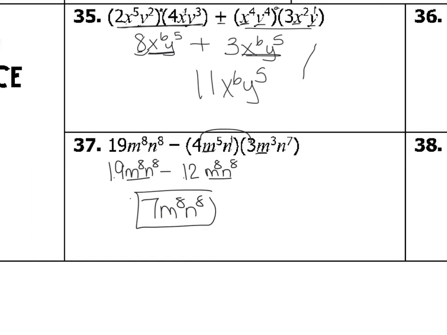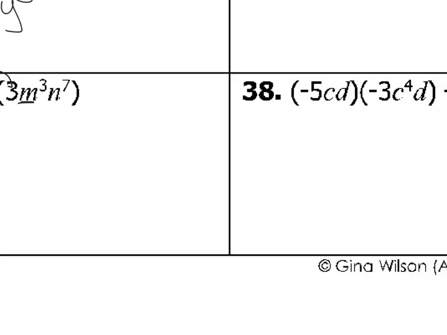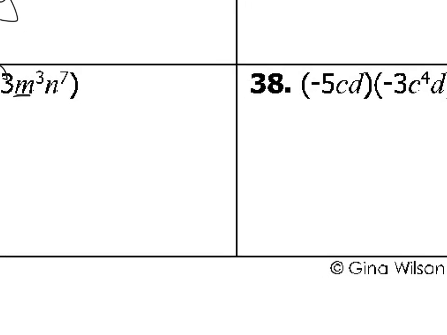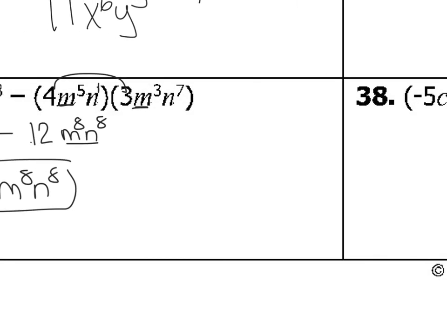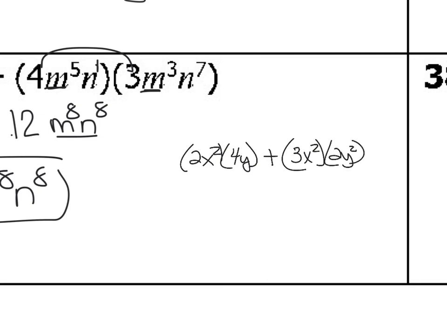All right. Let me just, if I had, let's say, 2x squared times 4y plus 3x squared times 2y squared.